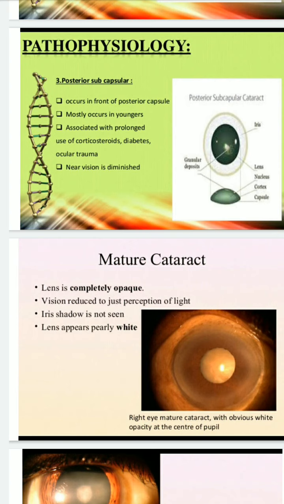The sclerotic cataract usually develops in older people, and these changes are part of the aging process of the eyes.